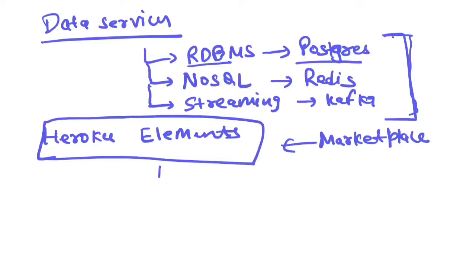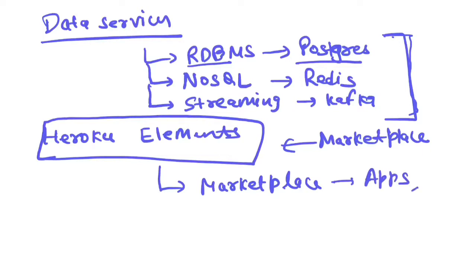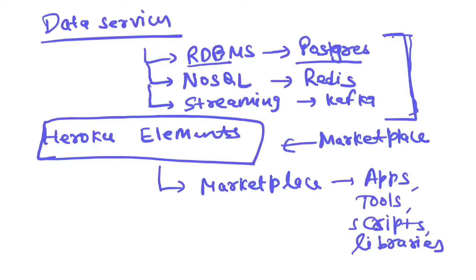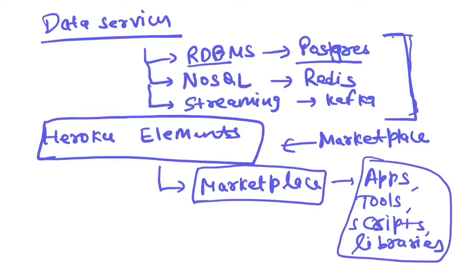So Heroku Elements is kind of a marketplace of different apps, tools, scripts, libraries. So you can explore this Heroku Elements component on the Heroku website, and you can explore this marketplace and see what all it offers. So you can just pick whatever you want as part of your deployment, as part of your infrastructure need, and you can choose to enable that within your application.